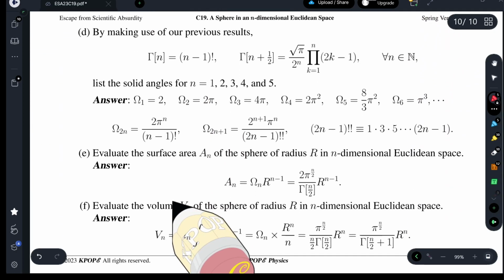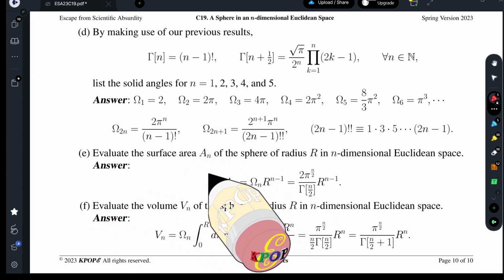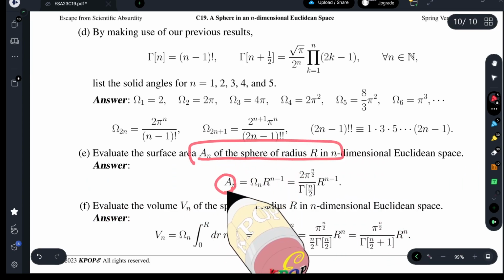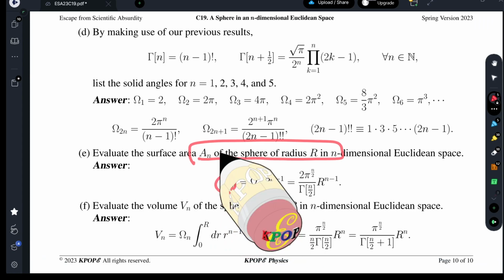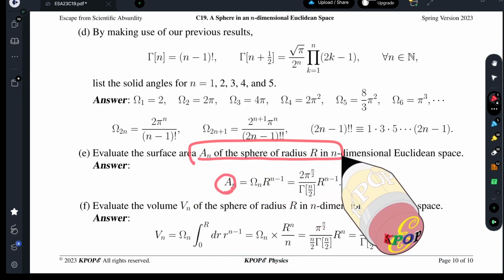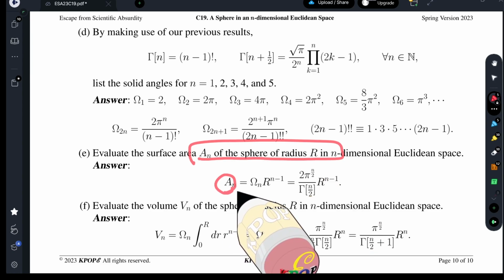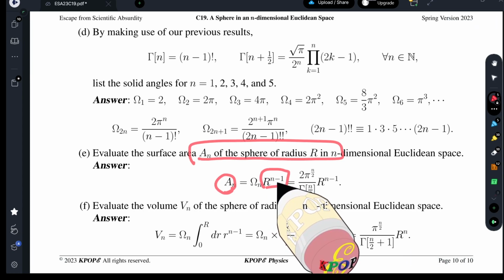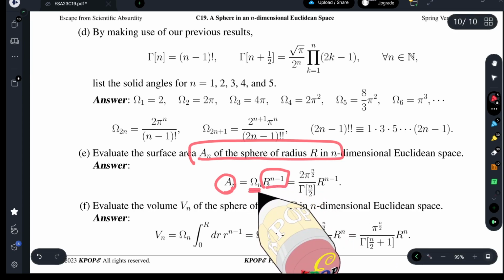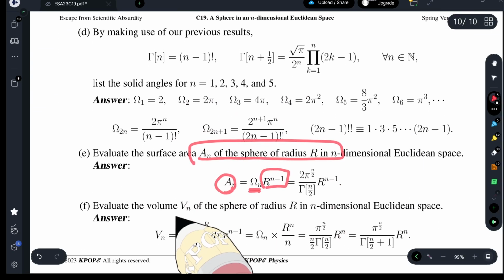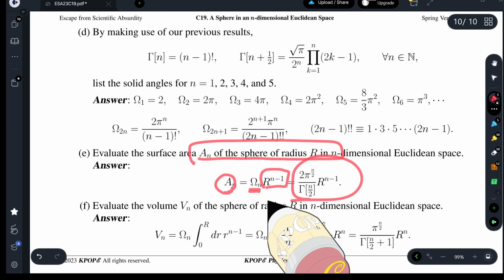All right. As a result, I can find the area of the n-dimensional sphere, the area of the sphere of radius r in n-dimensional Euclidean space: radius to the n minus 1 multiplied by the solid angle. And the solid angle is evaluated in this manner. Therefore, this is the area.